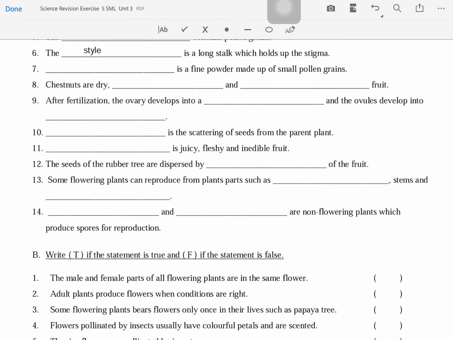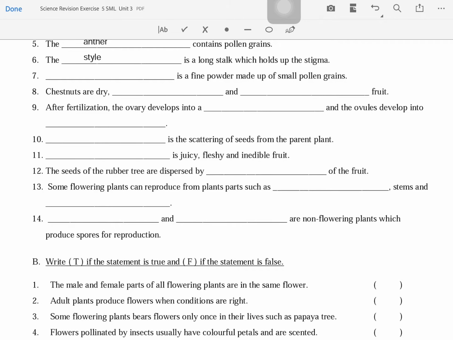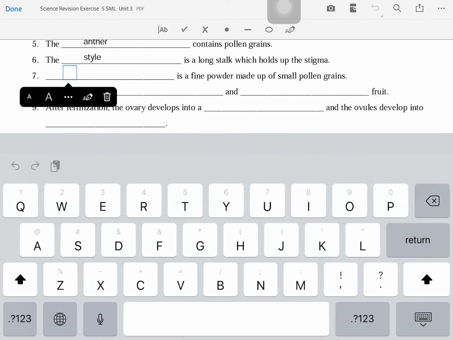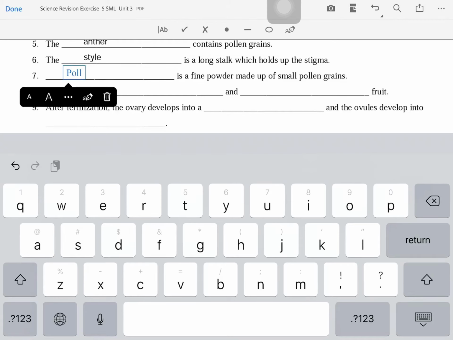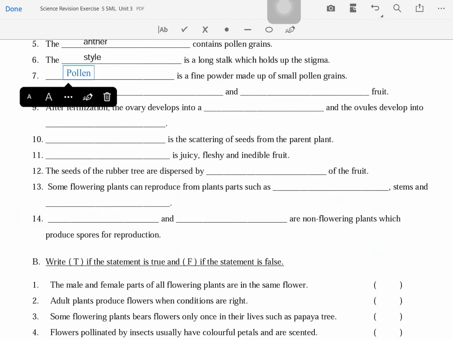Style. Moving on to question number 7. What is a fine powder made up of small pollen grains? A fine powder, we call it pollen. You can find your answers in page 52 of your textbook.